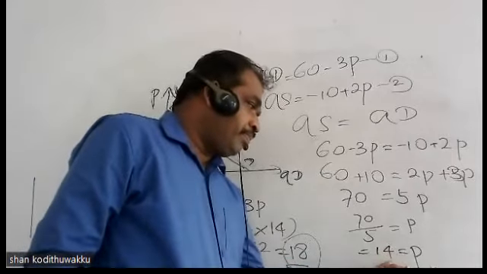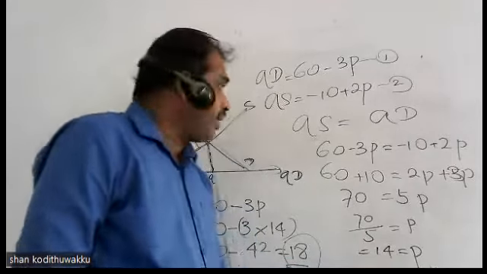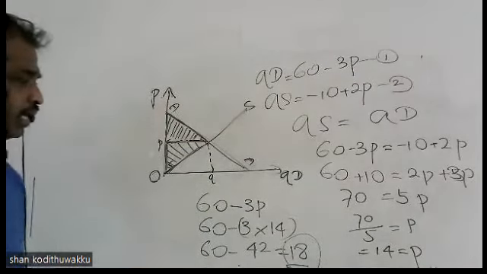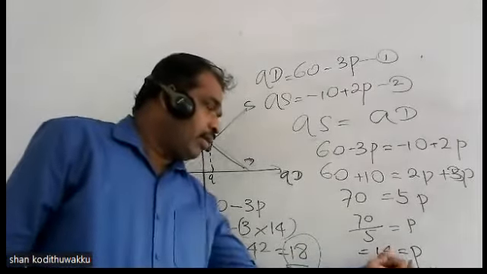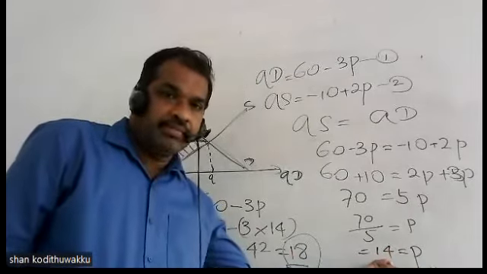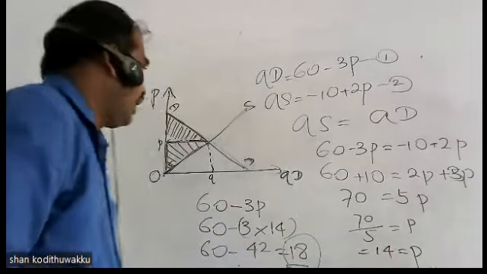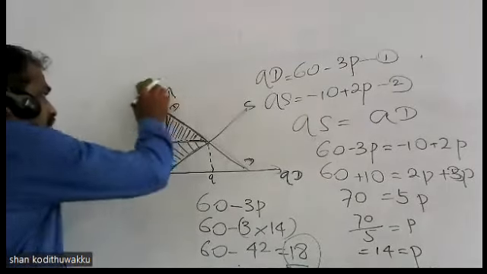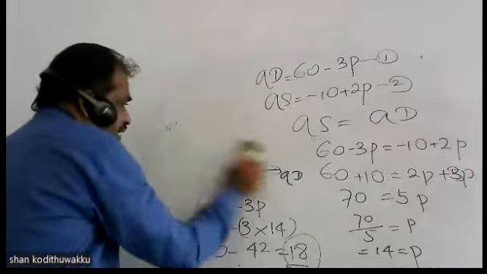At the equilibrium, 14 is the price. QD equals 18 and P equals 14 at the market equilibrium.